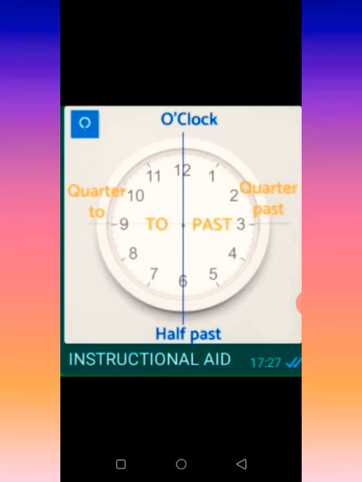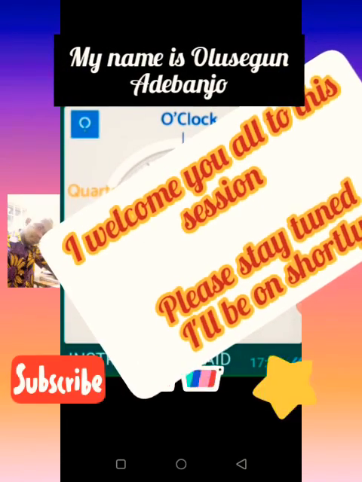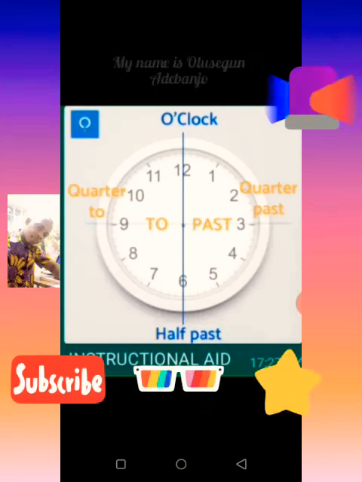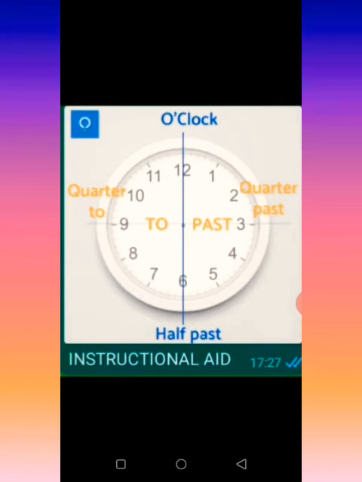For the clock face, there are 60 minutes and 12 hours. That 60 minutes, if divided into 4, you will have 15. 60 divided by 4 will give us 15, and that's why the issue of quarter past and quarter to came about.